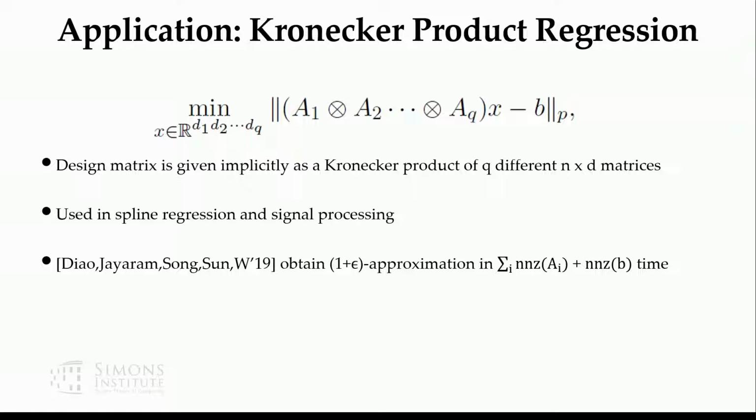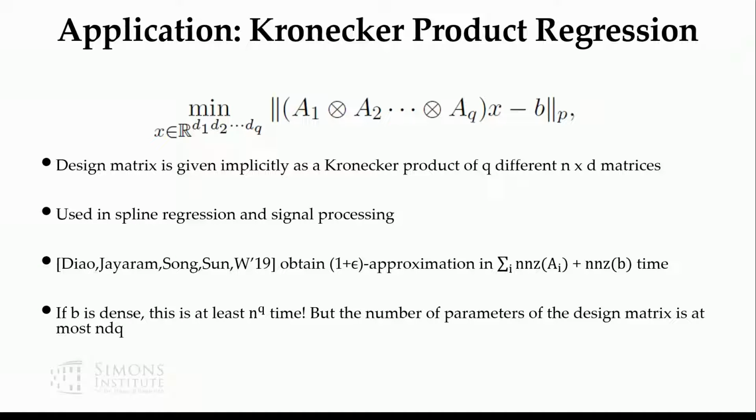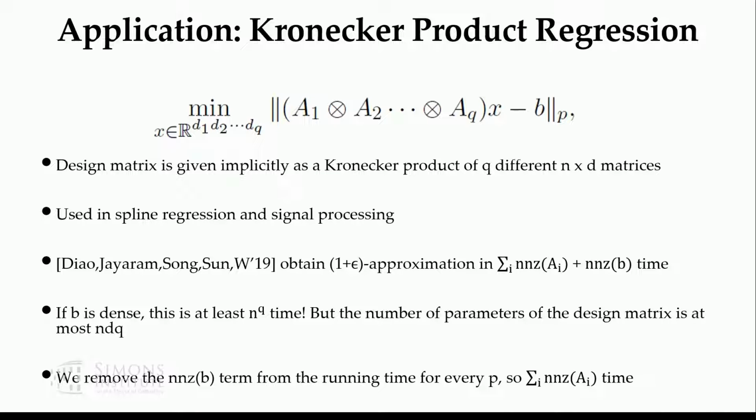As I just said, that's really bad, right? Because nnz of B can be as large as n^q if you have a dense label vector. So the hope is that you could remove it, and using these active regression techniques, for every p, we can remove this nnz of B term and get a real input sparsity time algorithm for Kronecker product regression. Okay, this is a simple application.